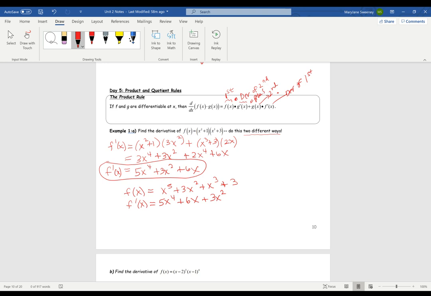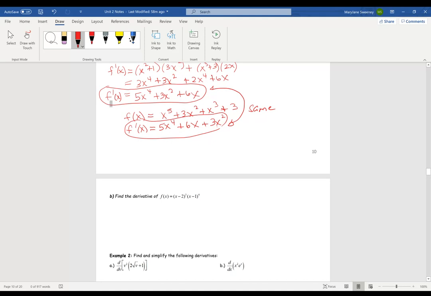Derivative of 3 is 0. So they could say, okay, that's my answer, which is the same exact thing as we have here. So 2 different ways of doing it.